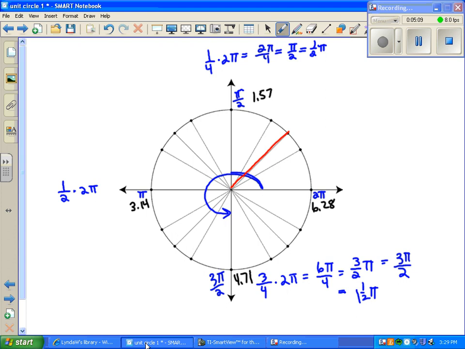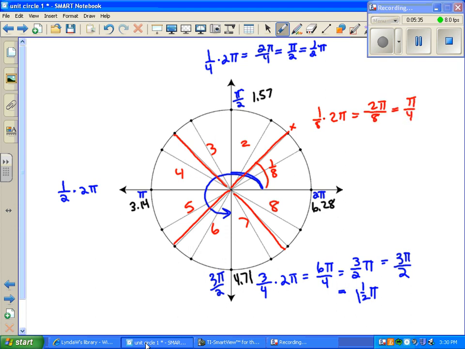So half of that, which is really going to be 1/8 of the unit circle, here would be the first eighth, 2/8, 3, 4, 5, 6, 7, 8. 1/8 of the unit circle is 1/8 of 2 pi. 2 pi over 8 reduces down to pi over 4, which is the same thing as taking a half of a half. So this location right here is going to be pi over 4.